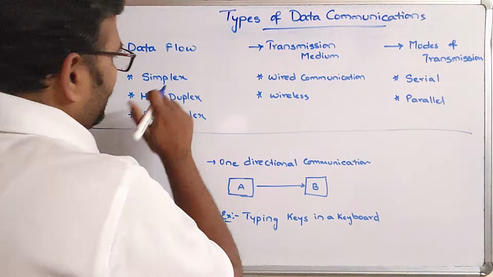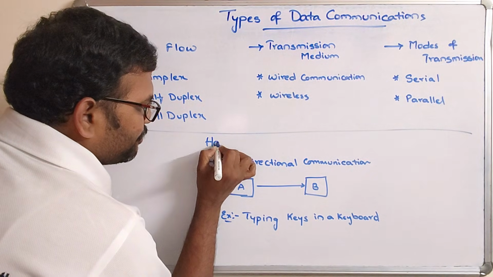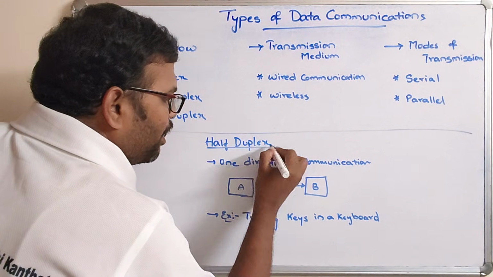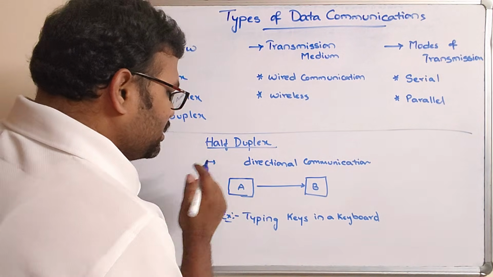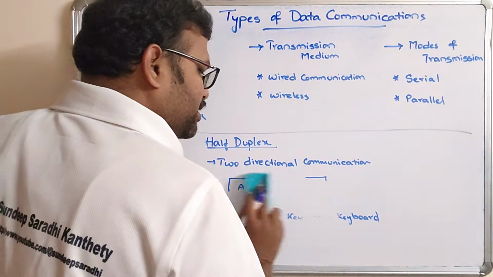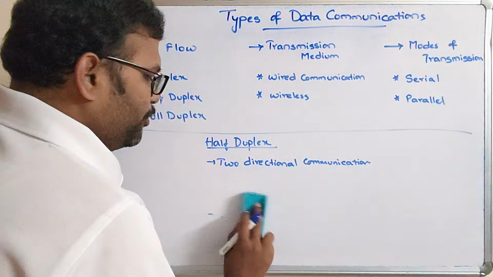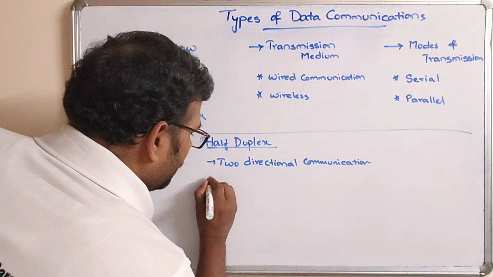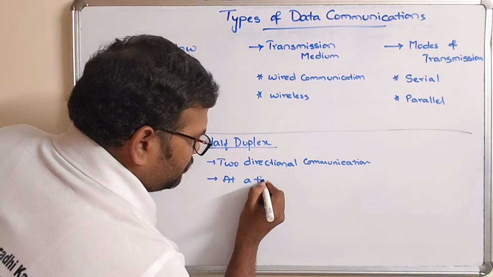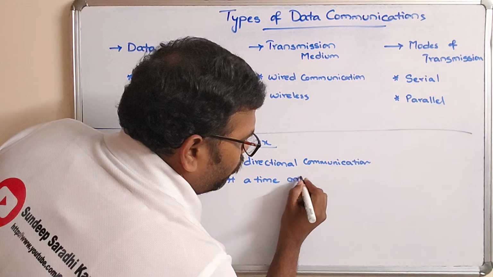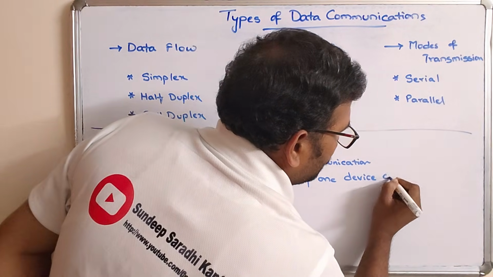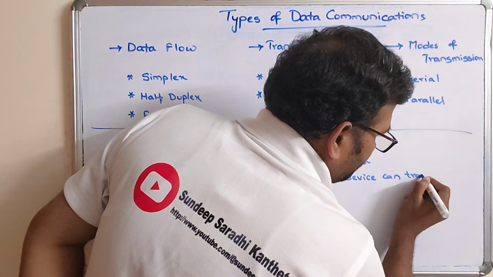And the next category is half duplex. In this half duplex communication, it is two directional or bidirectional communication, but with one constraint: at a time only one device can transmit data.